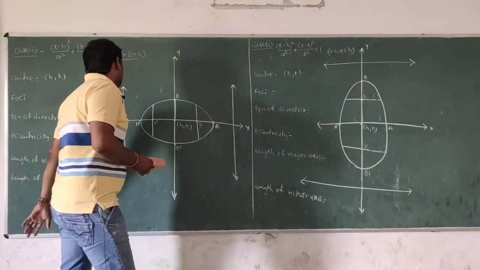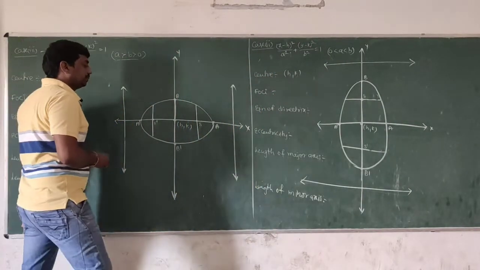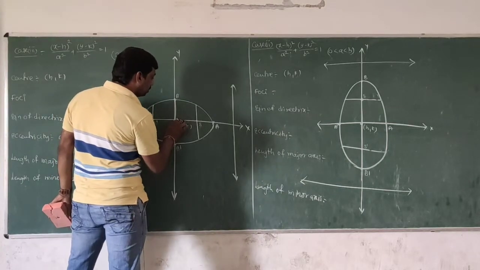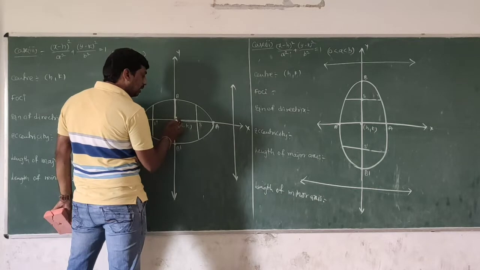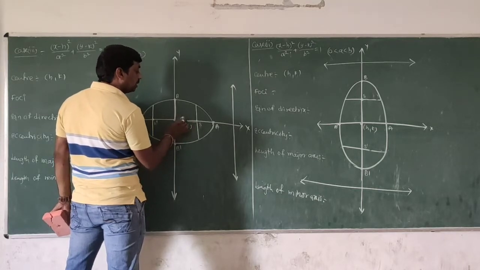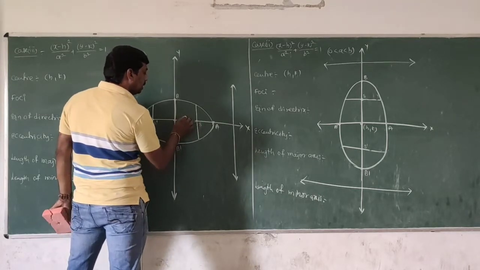Now observe from here to here, that means from center to focus. The distance between the center and the focus is ae.